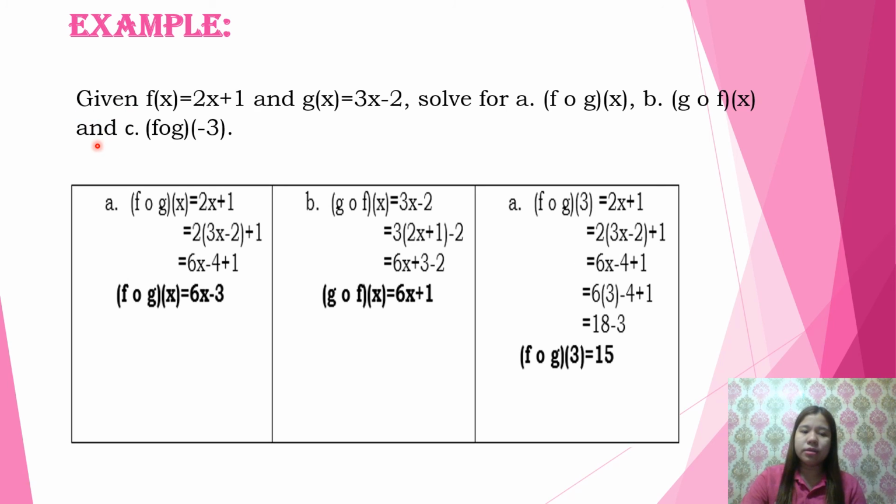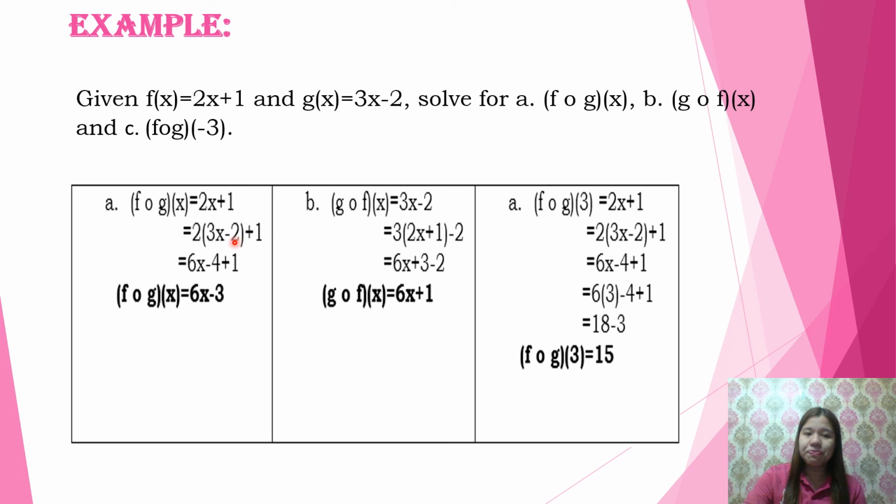Another given is we have f of x is equal to 2x plus 1 and g of x is equal to 3x minus 2. Solve for A, f of g of x, B, g of f of x, and C, f of g of negative 3. First is f of g of x. So, isulat mo na ang equation ng f of x, which is 2x plus 1, and then yung x dito, papalitan natin ng equation ng g of x, which is 3x minus 2.